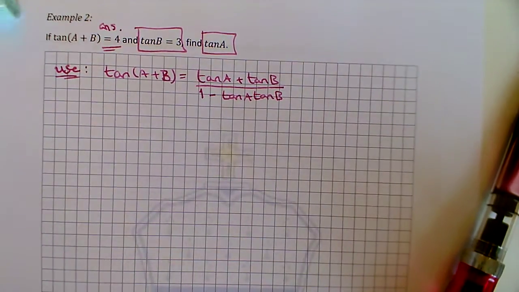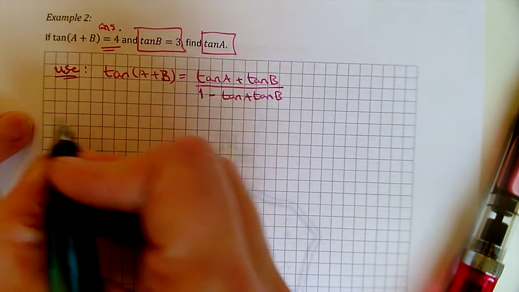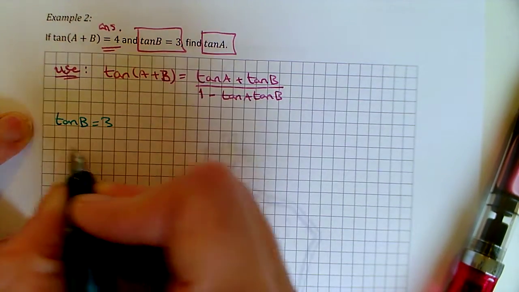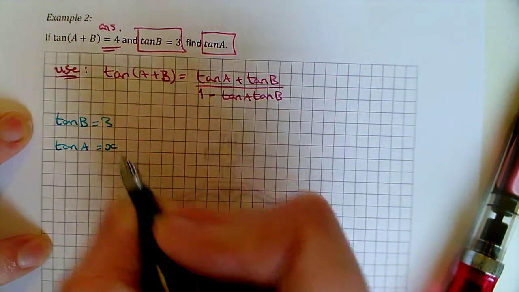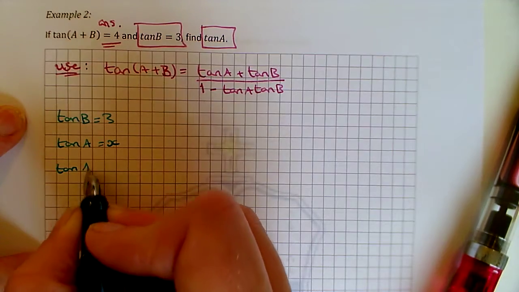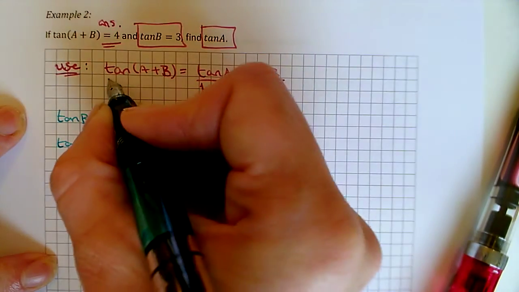We're going to start by saying that tan of a is x, just to make it a little bit easier. So we'll say that tan of b is 3. Tan of a, we're just going to call it x for the moment because that's what we're looking for. And tan of a plus b is equal to 4.